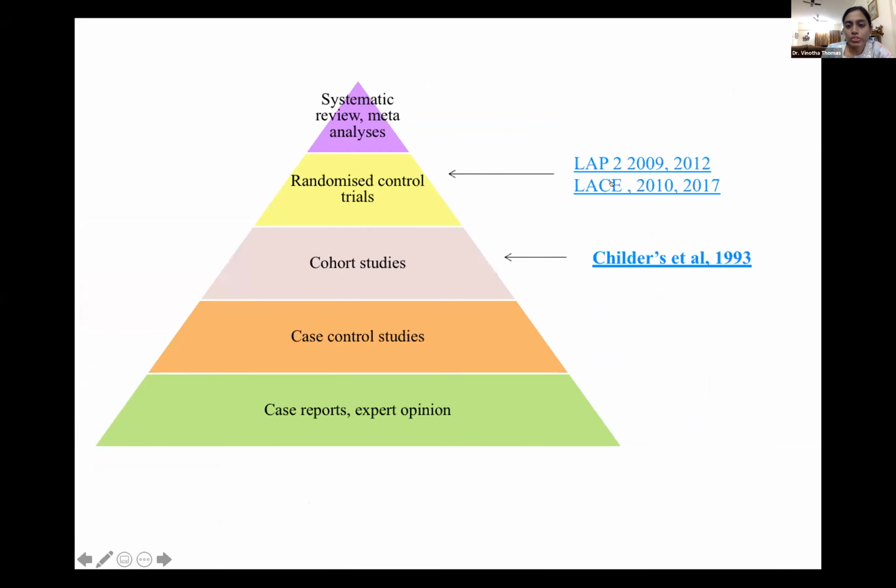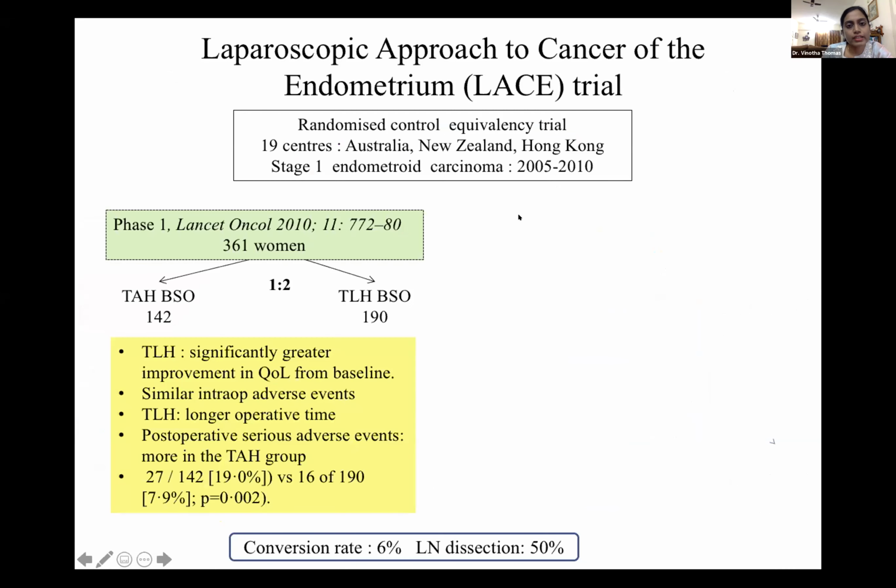The LACE trial soon followed the LAP2 trial. This was a randomized control equivalency trial, which included stage 1 endometrioid cancer between 2005 to 2010. In phase 1 of the trial, they recruited women at a 2:1 ratio, similar to the LAP2 trial, to the laparoscopic arm and the laparotomy arm.